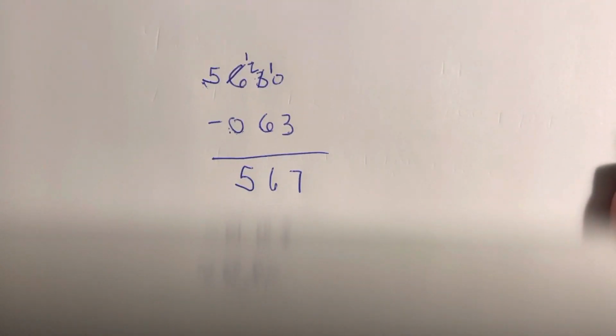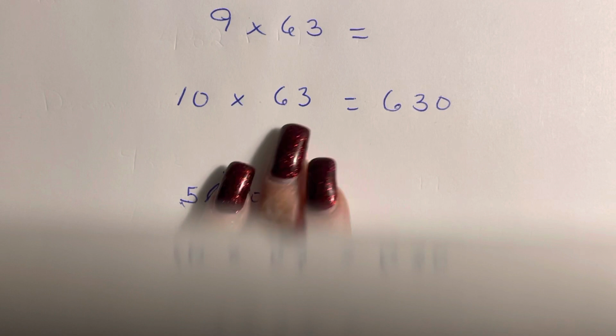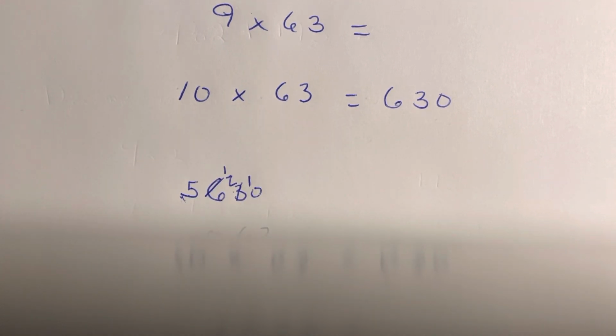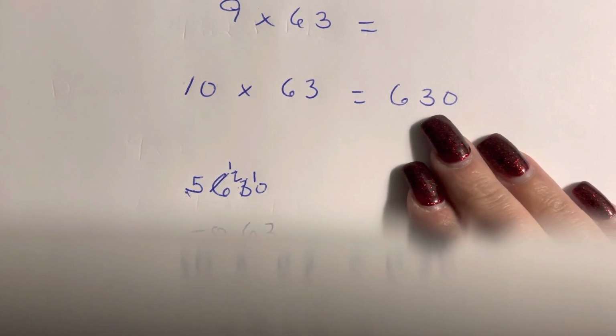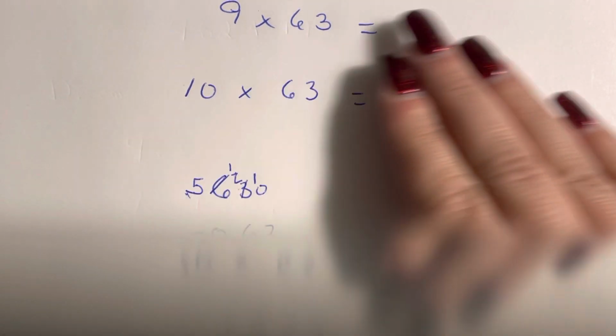And also, this is something that with the 10s, you can use Unifix cubes, you could use any form of manipulative really, and you can make the different groups of 63. So you could start off by showing him or her the 10 groups of 63, and then taking one away, or you could make the 9 groups of 63 and get the answer.